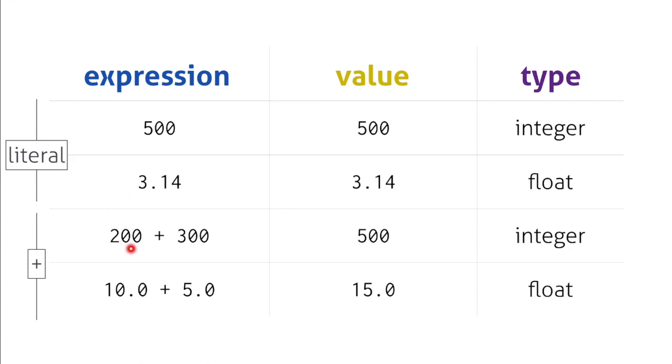The value of the expression 200 plus 300 is 500, which is an integer, and the value of the expression 10.0 plus 5.0 is 15.0, which has a type float. And one thing to note here is that 15.0 is very different from the value 15, which has type integer. Again, this may seem trivial, but it's really important to the Python interpreter.